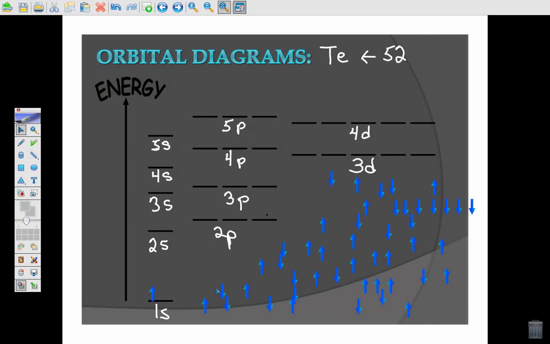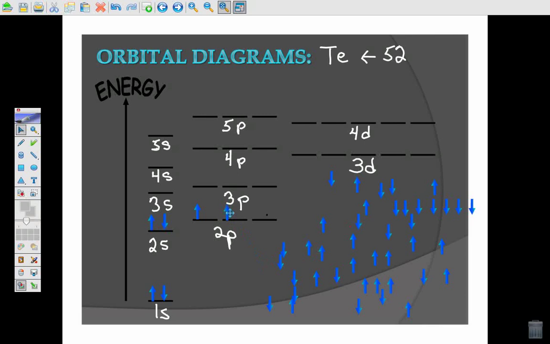that says start with the lowest energy. Pauli says spins opposite, so no two electrons have the same four quantum numbers. Aufbau, go to the next highest energy. Pauli, spins opposite, we don't want the same four quantum numbers. Hund's rule.